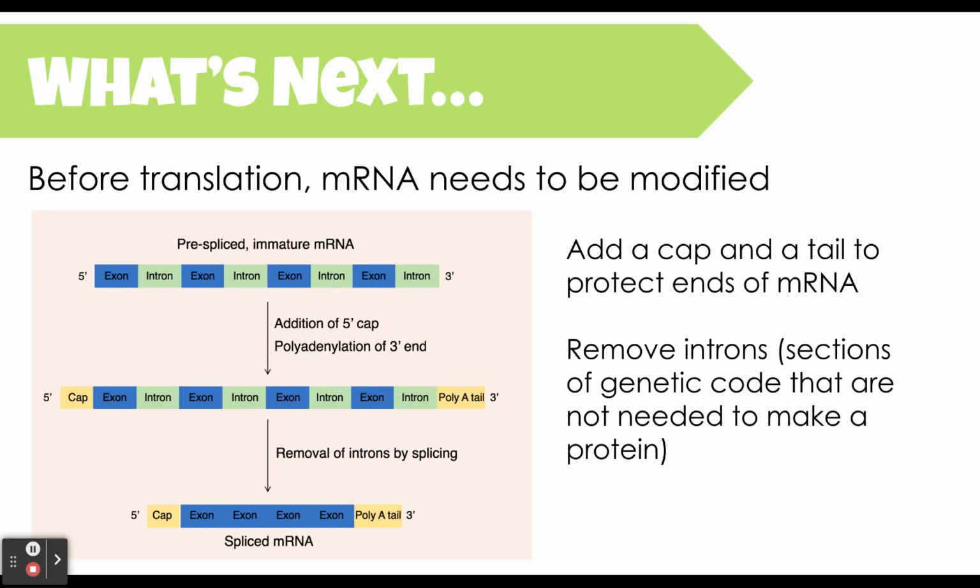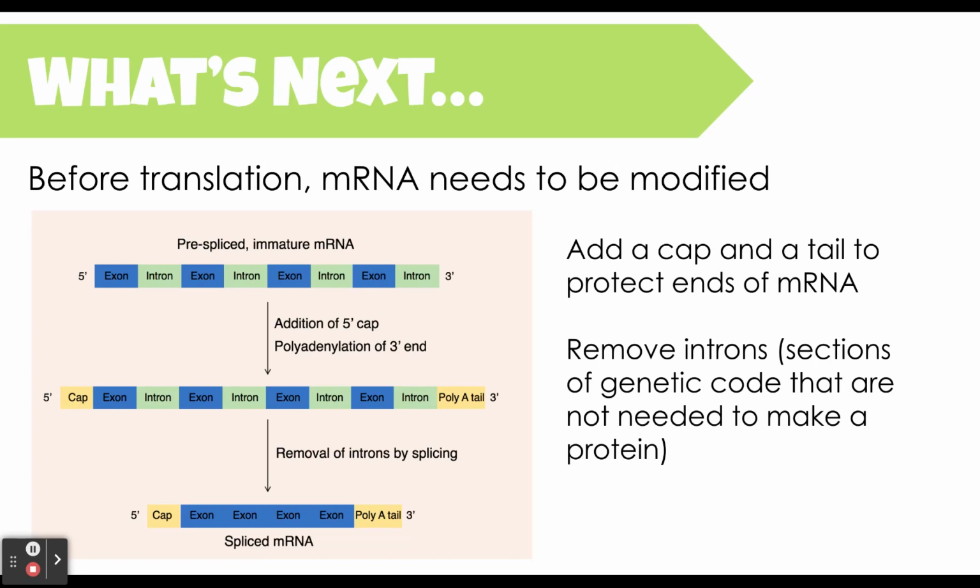The sections called introns are just sections of nucleotides that don't do anything. They don't actually code for amino acids, so they're not needed to make proteins. So these introns get snipped out. The parts that are used, called exons, are going to remain in the RNA message.